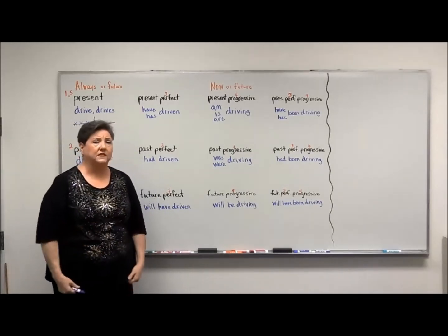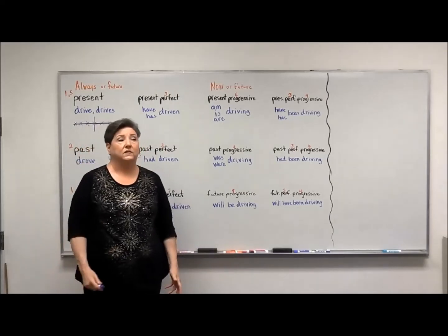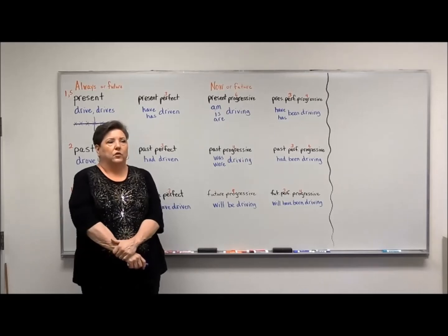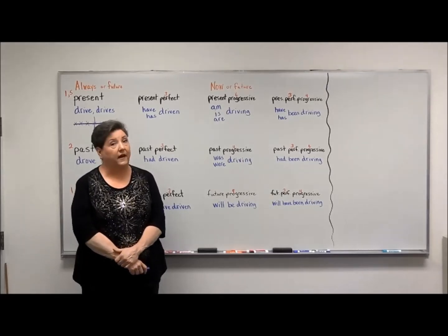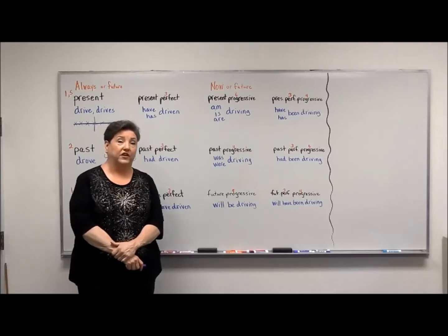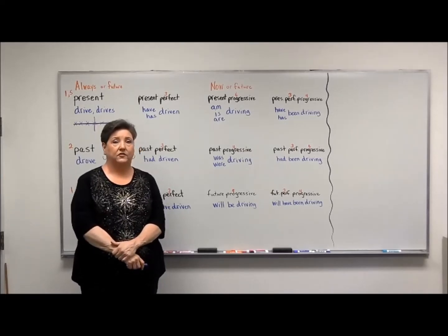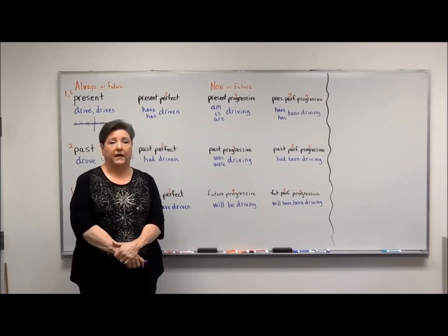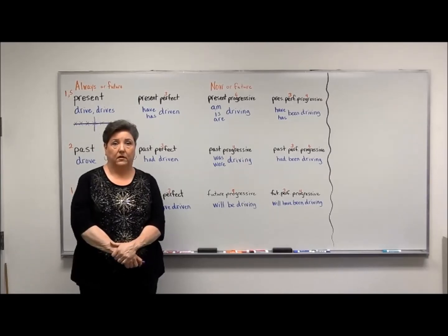So when you use the present tense, you can't use it without some reference to time. So you heard my examples. Every day I go to class at 7:30. Every year I see my doctor.